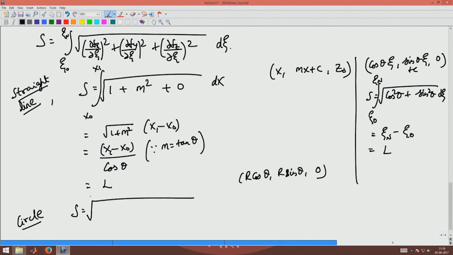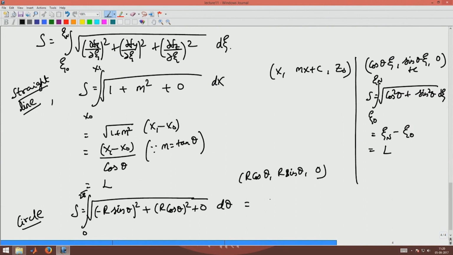S will be the integral from 0 to 2 pi of the square root of dou x by dou theta, that is minus r sin theta, the whole square, plus r cos theta the whole square, plus 0, d theta.